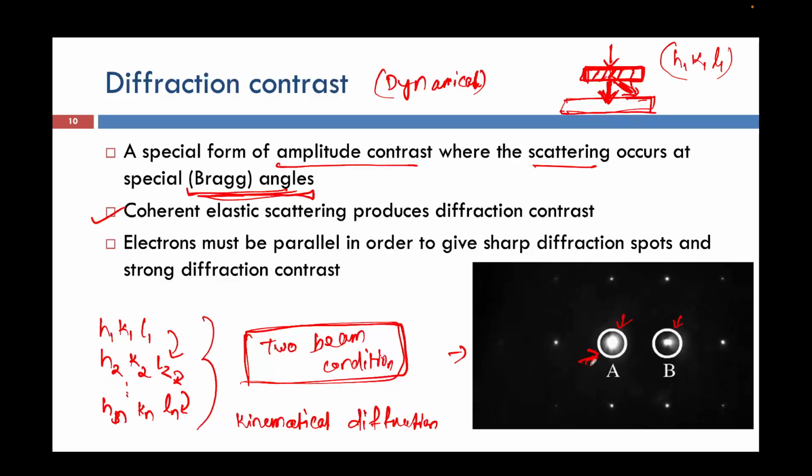We tilt our specimen so that the strongest beam will always be the direct beam, and another, let's say stronger, beam will be associated with a diffracted beam, right? The distance between these two will be defined by the reciprocal lattice vector.